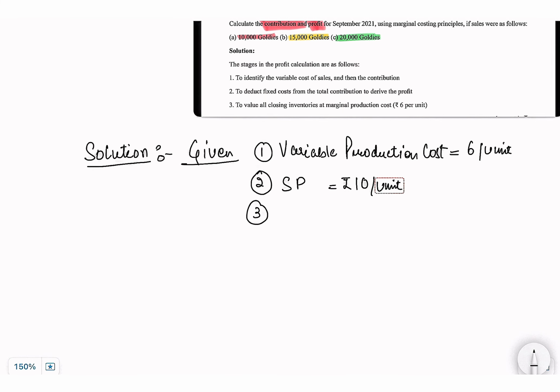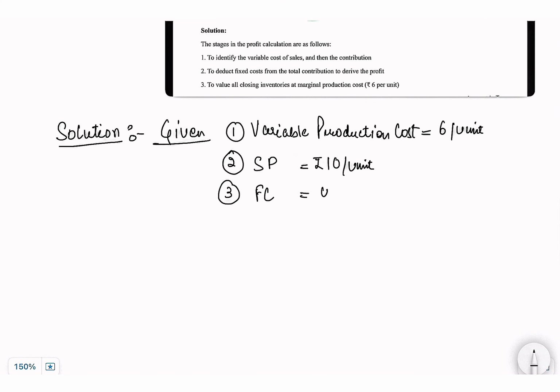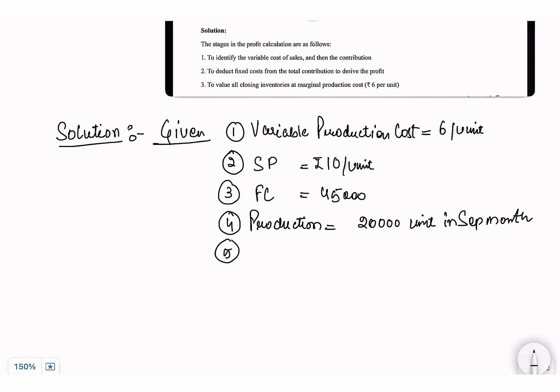Now third point is fixed cost. Fixed cost is 45,000 rupees. Okay, now production: 20,000 units in the September month.